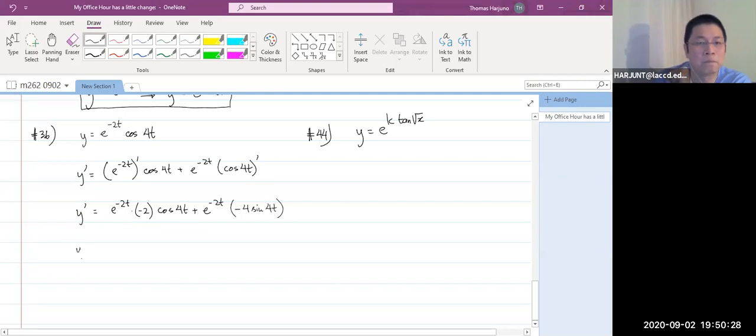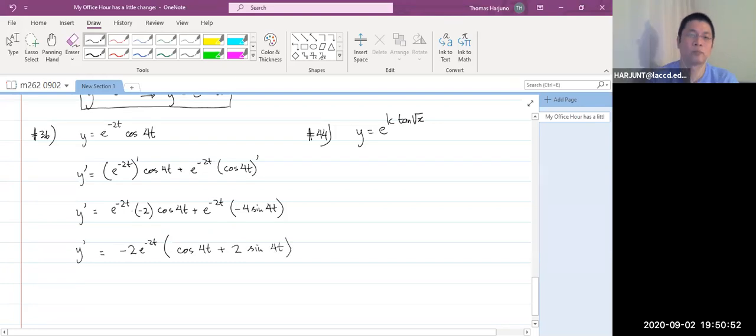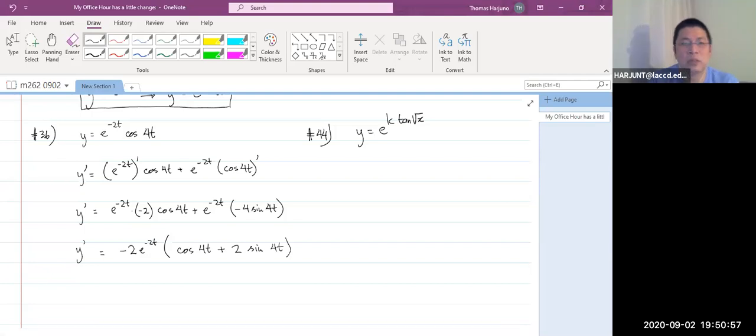And then let me factor negative 2 e to the negative 2t out. So I get cosine 4t plus 2 sine 4t. That's number 36.